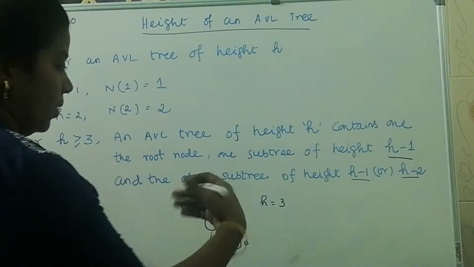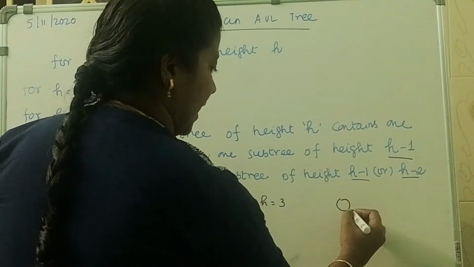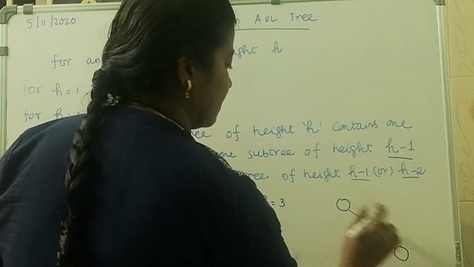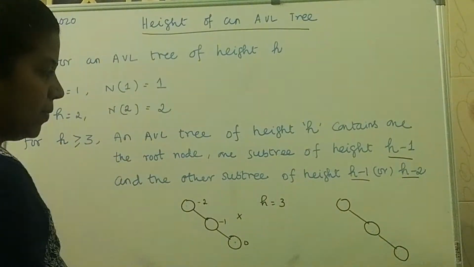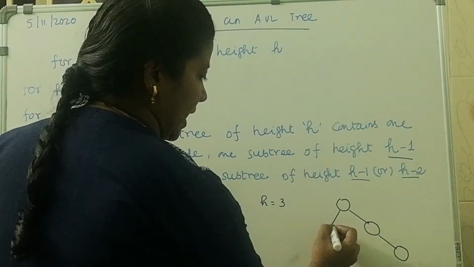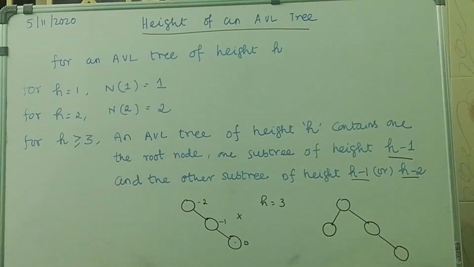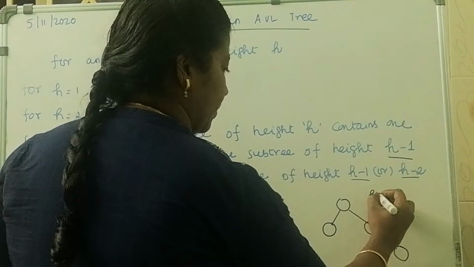So in order to maintain the balance factor as required, we should have one more node in the left subtree. This is of height equal to 3.